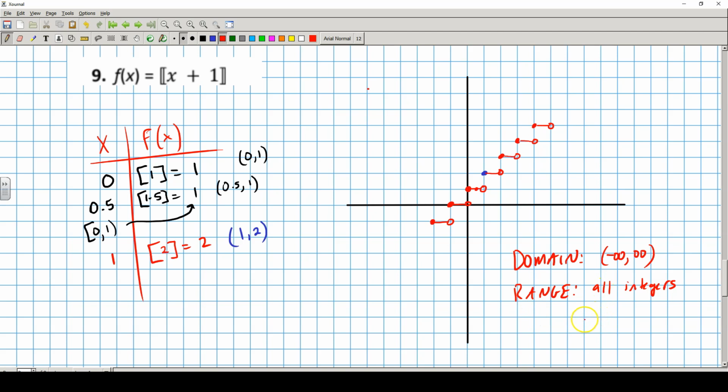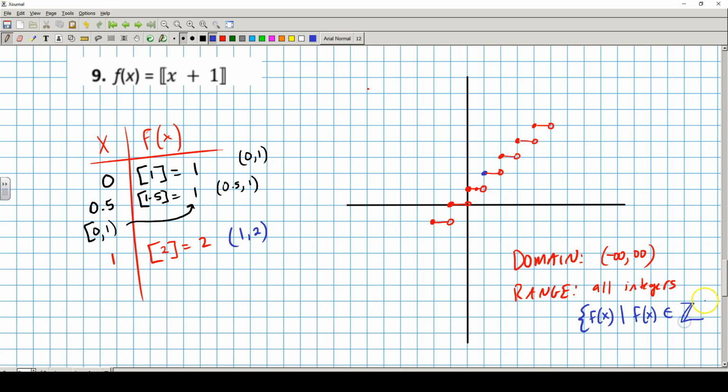The formal way to write that in set builder notation, by the way, is the set of all f of x values, the set of all y values, but we're calling it f of x here, such that these outputs, f of x, is an element of the integers. So we'd have this fancy looking Z there.